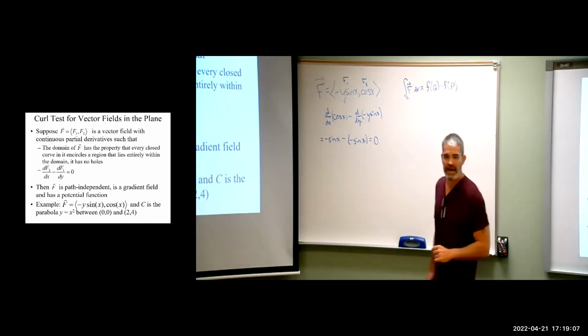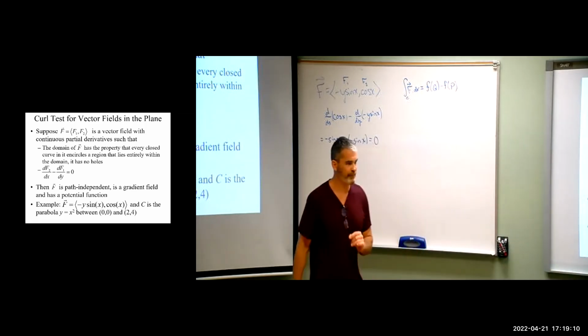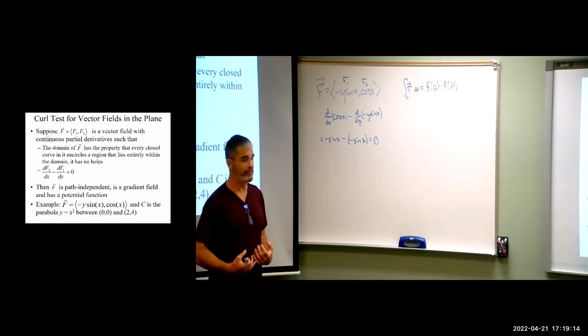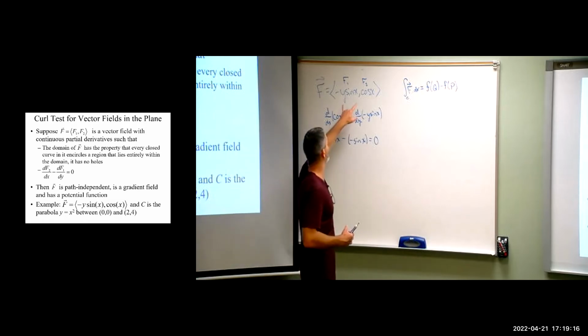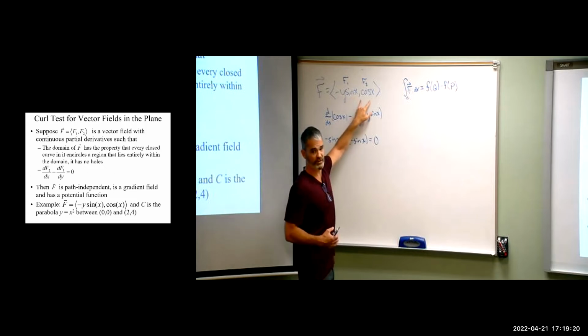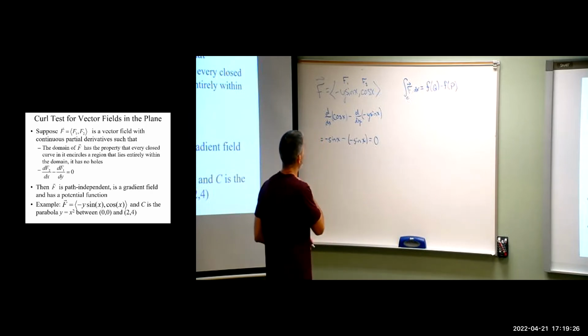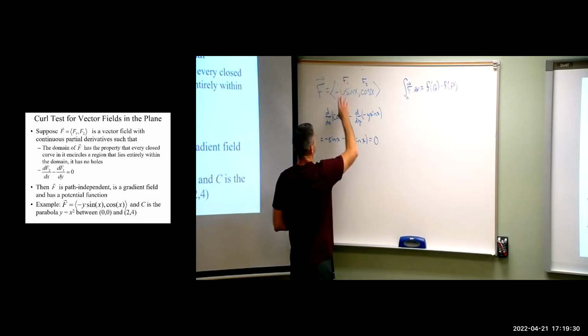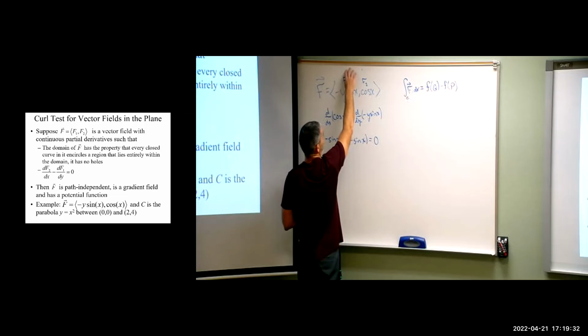What we need now is f. We have to find the potential function. In other words, we have to find the function whose gradient is minus y sine x and cosine x. All right, so that's what we need to do. Well, let's think about what that means. That means for some function, taking the derivative f sub x, right?